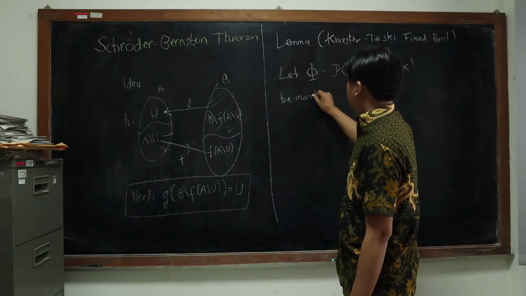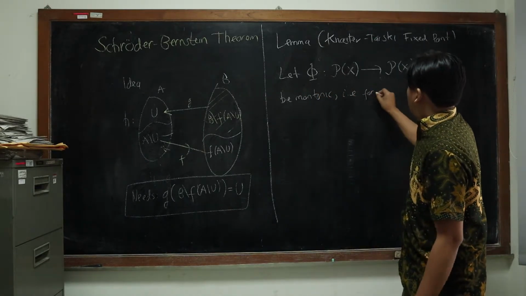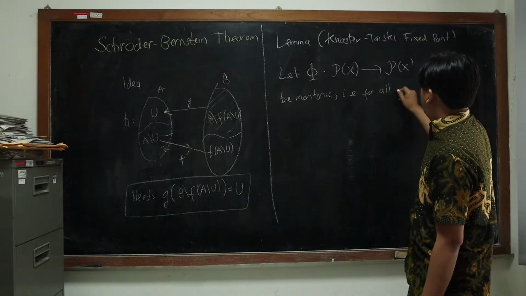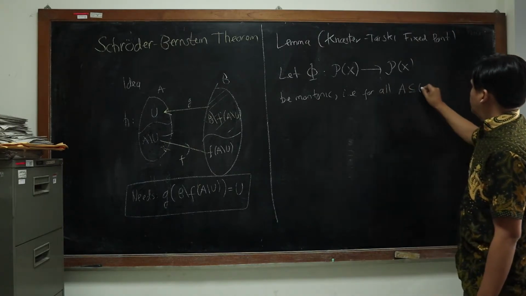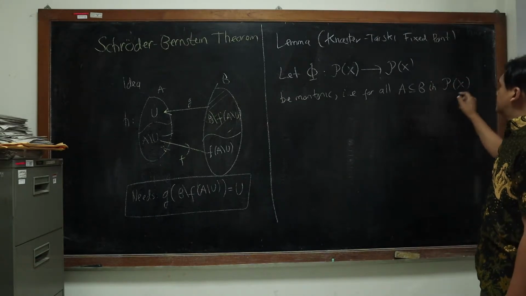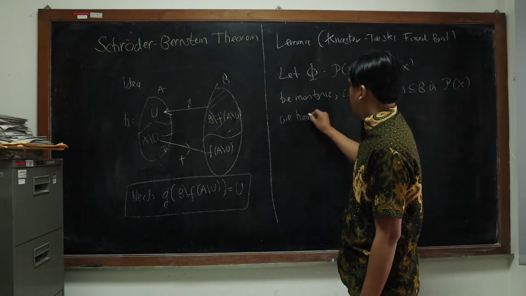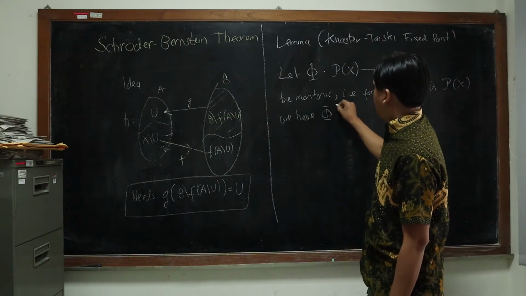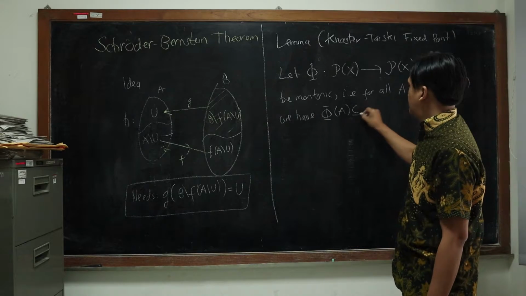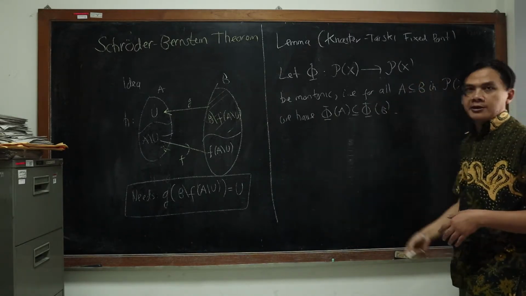What does it mean? It means that for all subsets A and B in P(X) with A contained in B, we have phi of A is contained in phi of B. So this is what monotonic means.